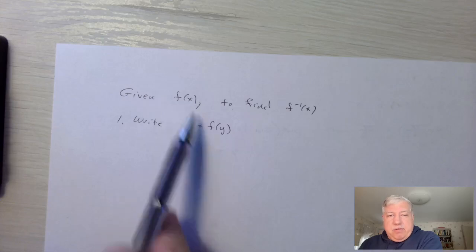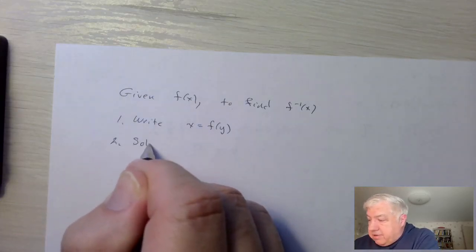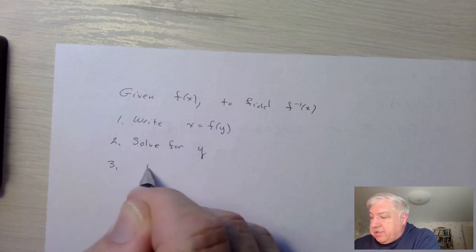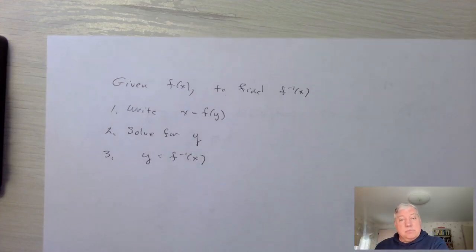Whatever x is in here, we replace it with y, and then set this equal to x. Then you solve for y, and whatever y is, that's equal to f inverse of x. That was the basic strategy, which we used in Math 128.